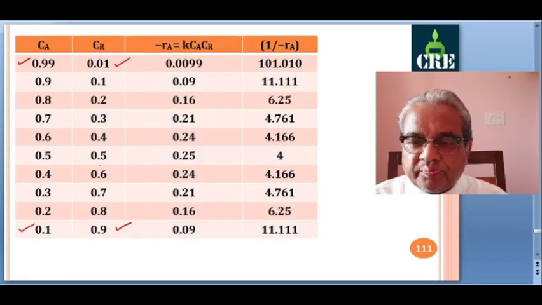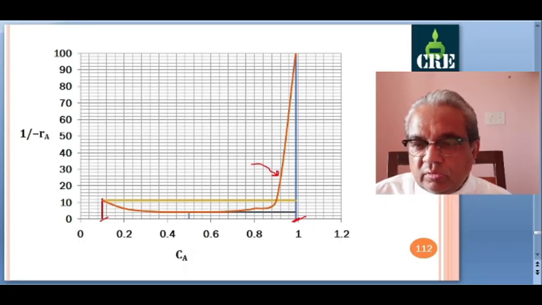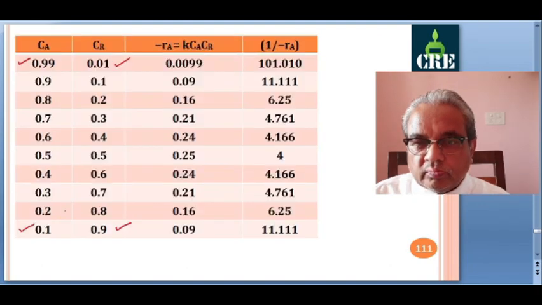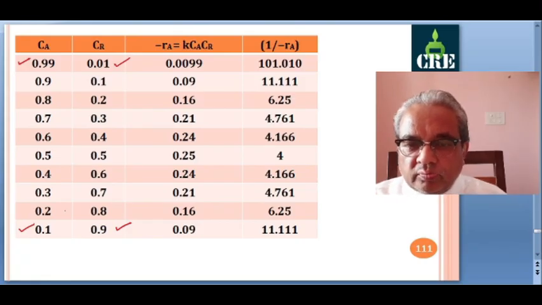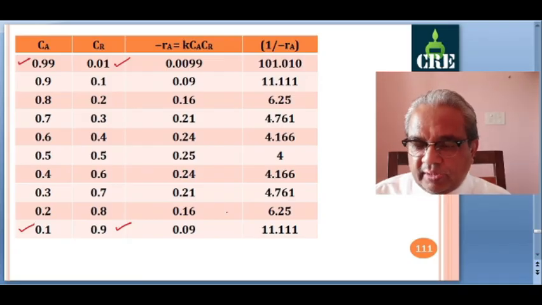For tau m, with respect to this exit concentration, you get the area of this rectangle. This value of 1 upon minus Ra is 11.11. So graphically also you will get the same.